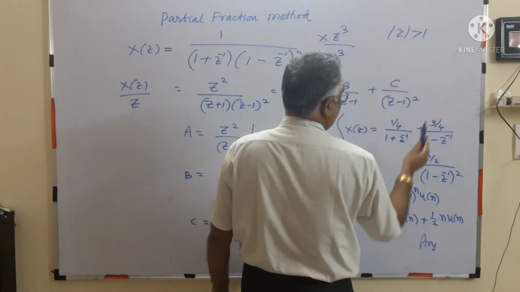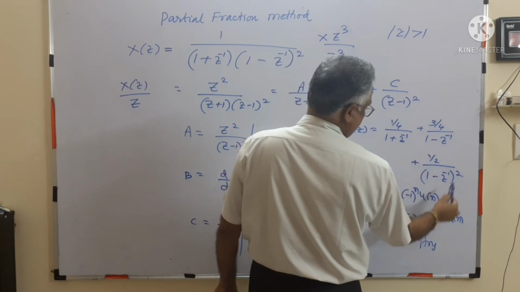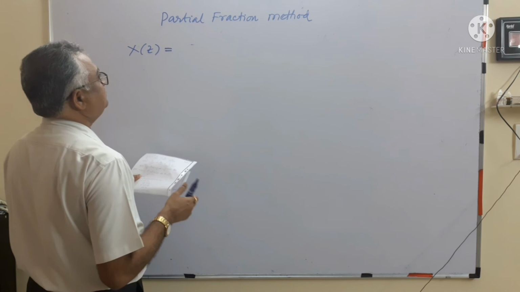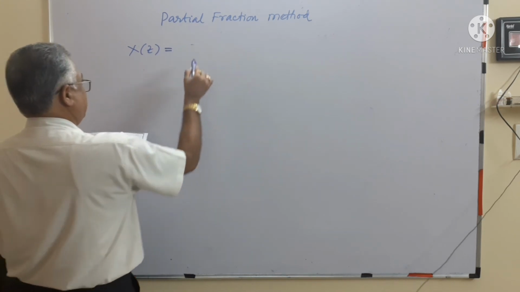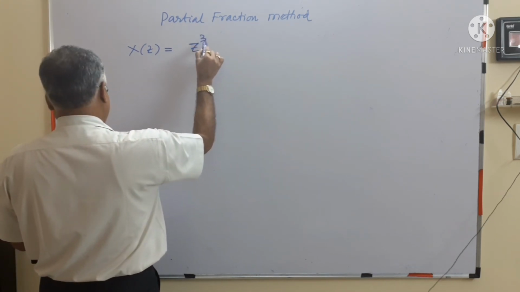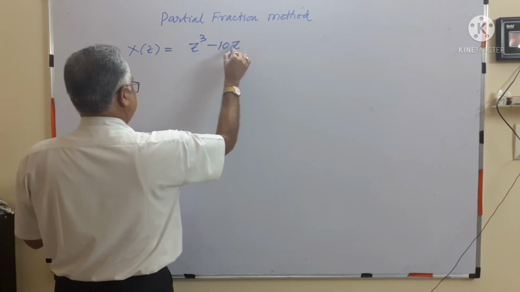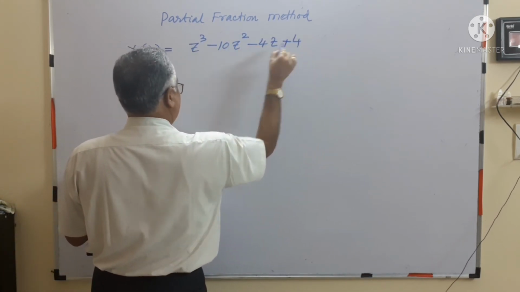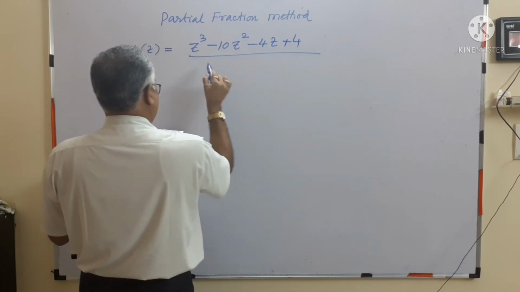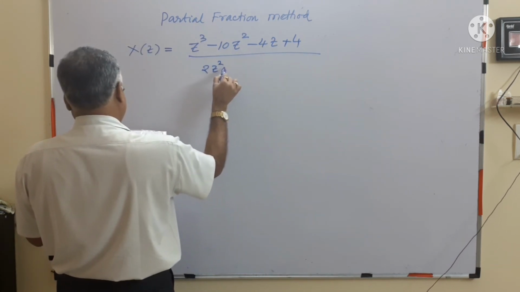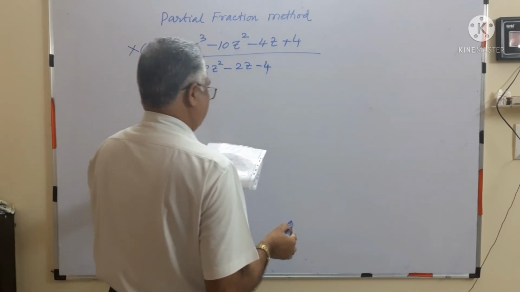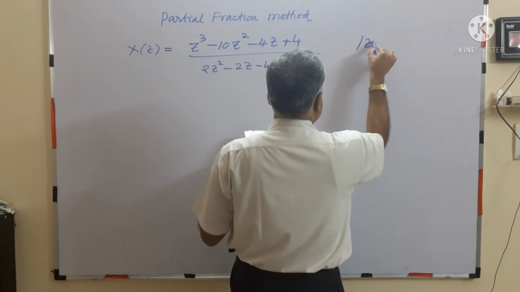Mod z greater than 1. So here, all are right sided, 3 terms. Like this we can do. Next, X(z) is z power 3 minus 10z square minus 4z plus 4 by 2z square minus 2z minus 4, with ROC mod z less than 1.